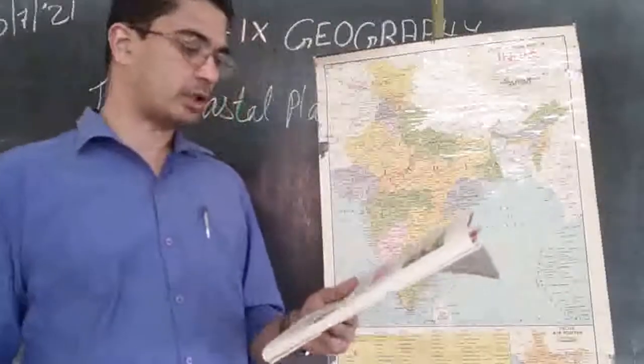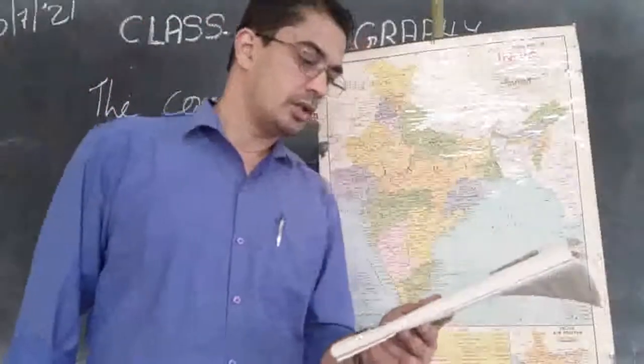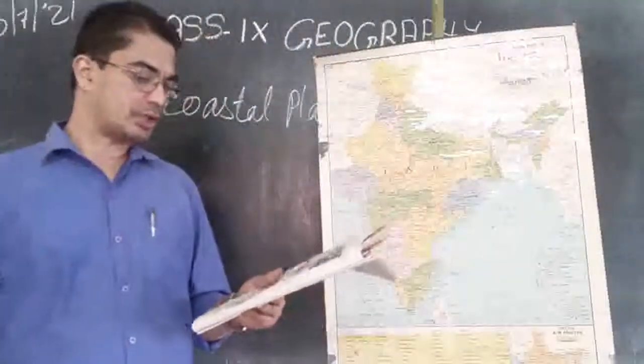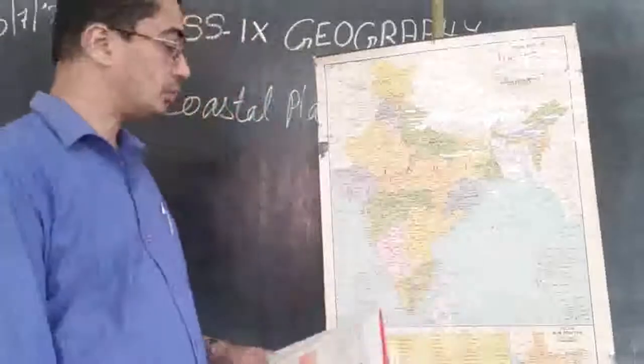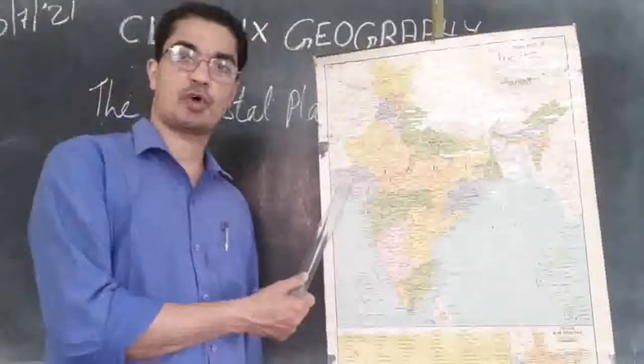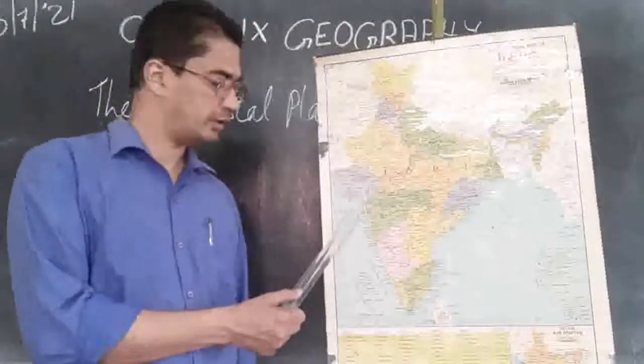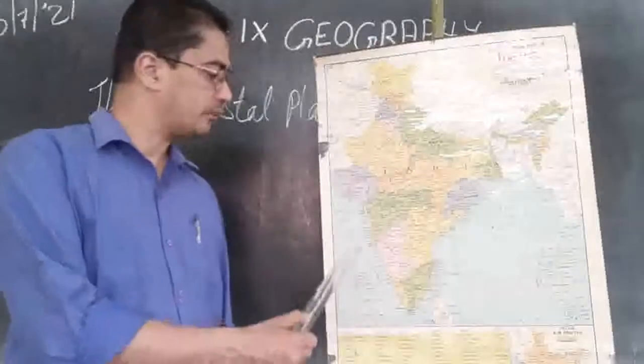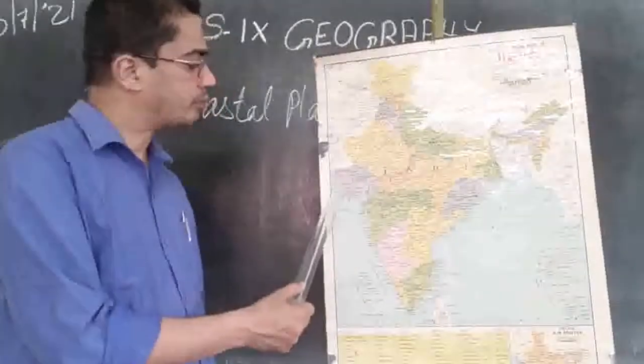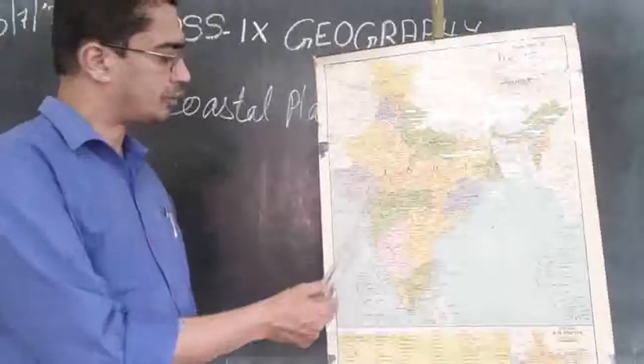So let's see what they are called. The northern part of the coast is called Konkan. The northern part, that is the top part of this coastal plain on the western side, is from Mumbai to Goa.